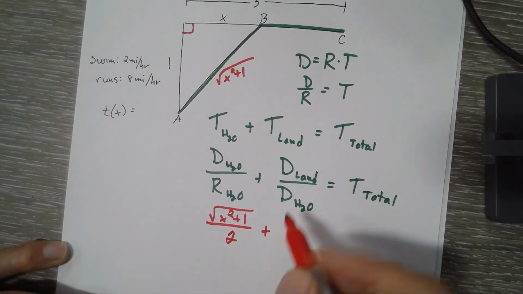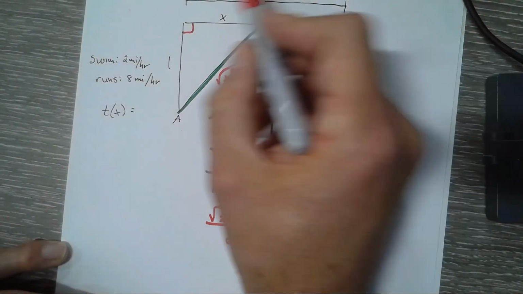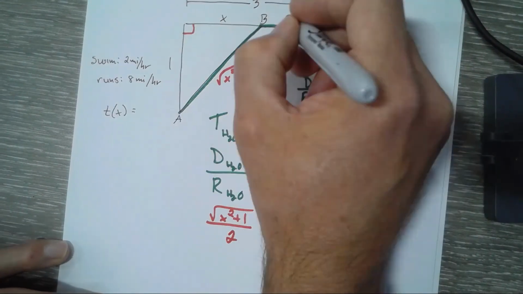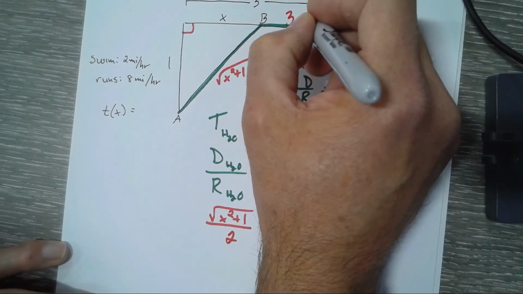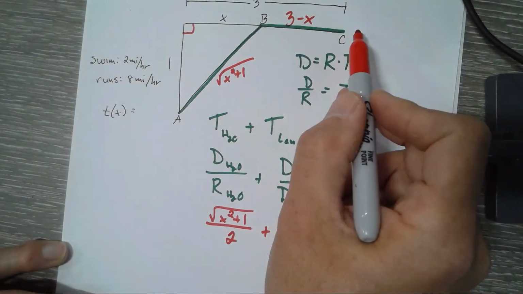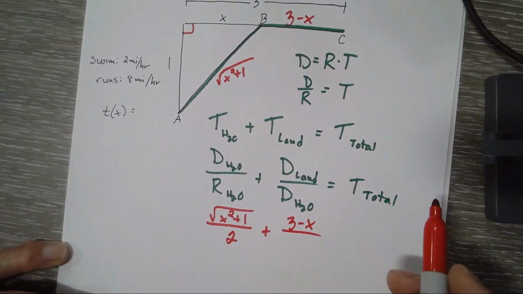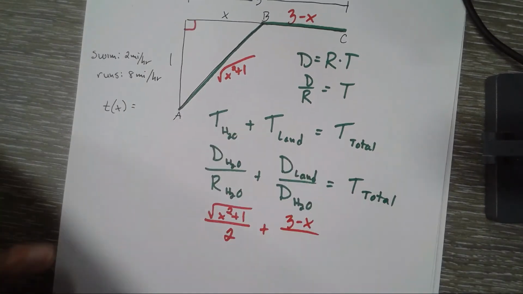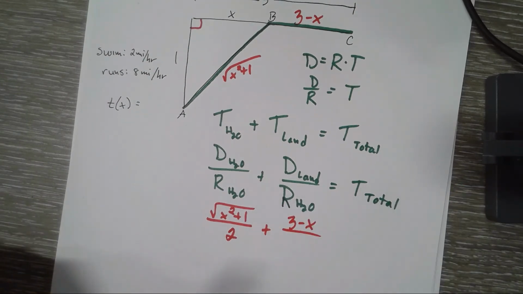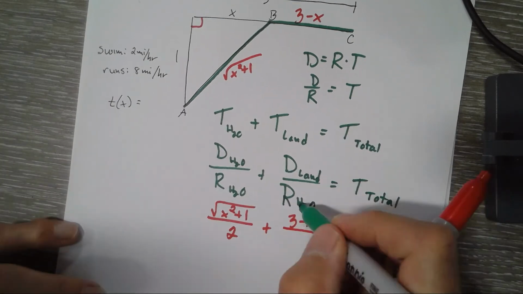Plus the distance on the land. We don't know that. We do know this is 3, and the book defined that to be x, so this would be 3 minus x. So that's our distance on land, 3 minus x, divided by, this should be rate. I'll change that. There. The rate on land.